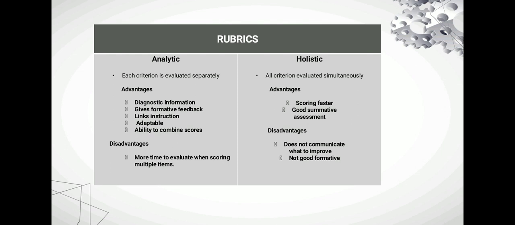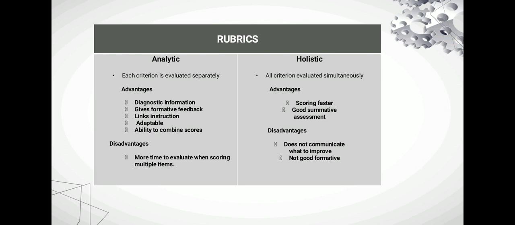So as what I have said earlier, in analytic, each criterion is evaluated separately, while in holistic, all criteria are evaluated simultaneously. So overall, the advantage is that in analytic, there is diagnostic information.